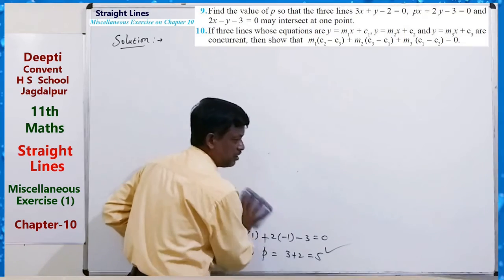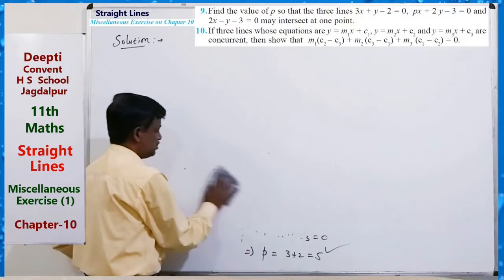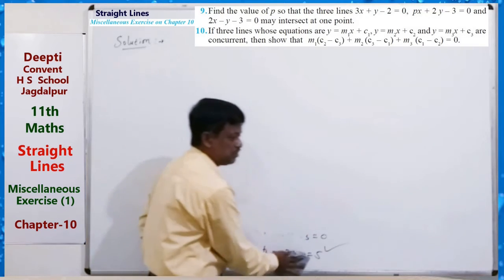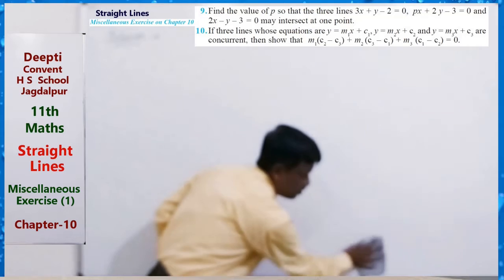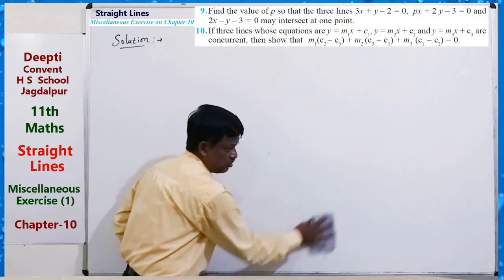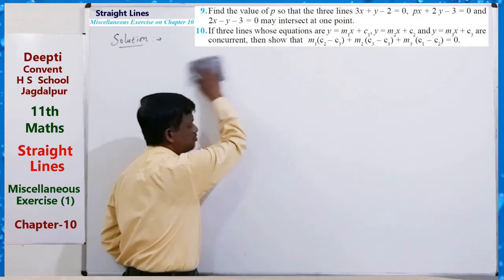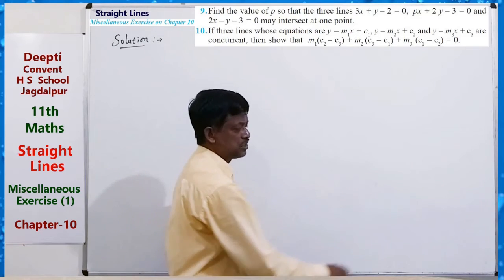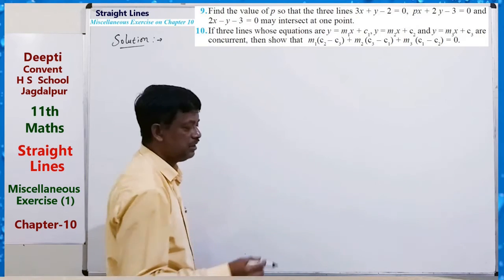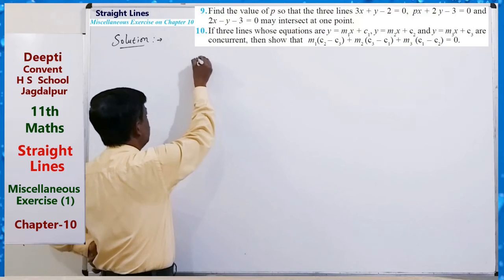Here M1, M2, M3, C1, C2, C3 are given. Same question, similar to question 9.